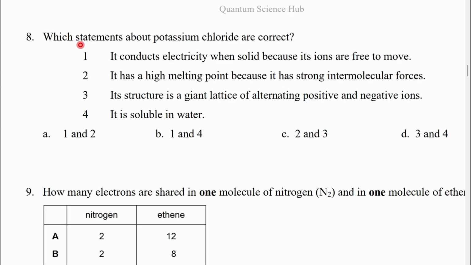Question 8. Which statements about potassium chloride are correct? So what kind of bonding is potassium chloride? It is ionic bond. Why? Because it is between metal and non-metal. Let's check each statement.